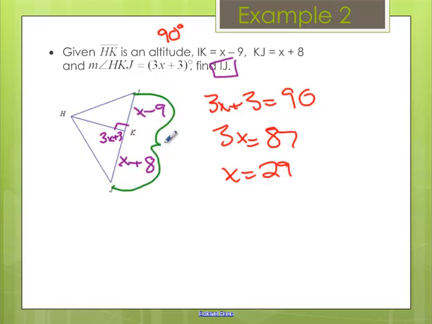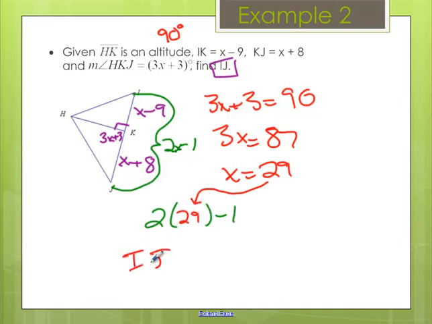If I add those two together, that's 2x, and negative 9 plus 8 is minus 1. So I'm going to take my 2x minus 1, and I'm going to plug in this 29. So we get that IJ is 2 times 29, which is 58, minus 1, 57.